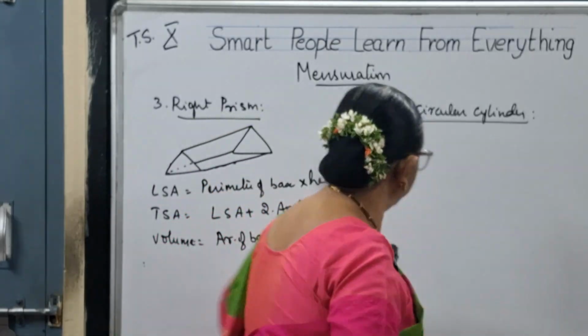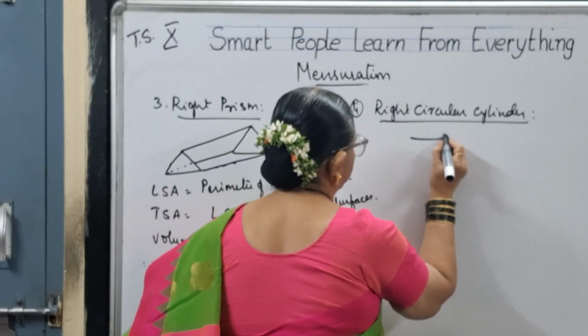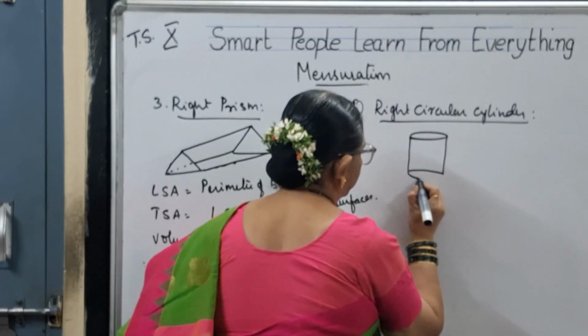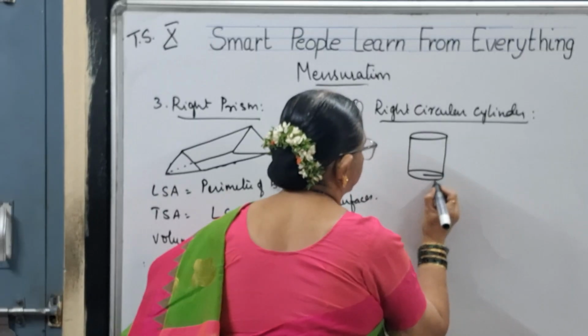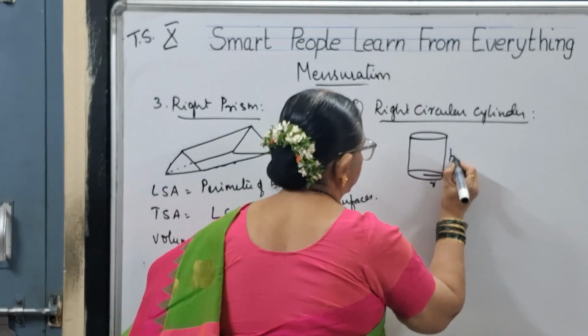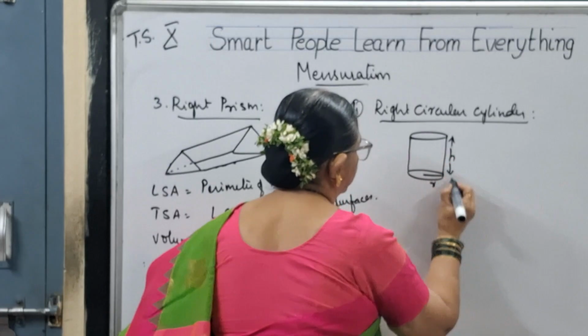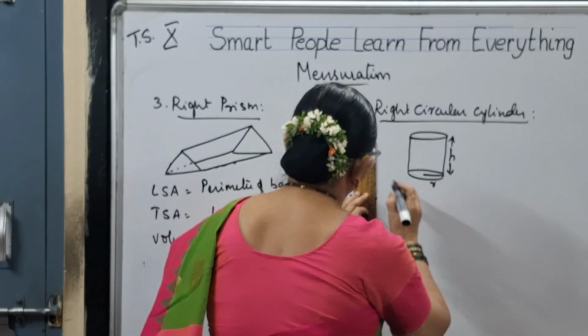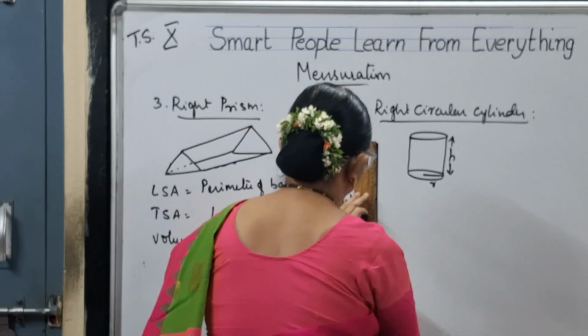So it is only two circles with a curved surface. Here, the cylinder, you will be drawing like this. This is the shape of the cylinder. This is the radius and this is the height. So here you are going to have curved surface areas.